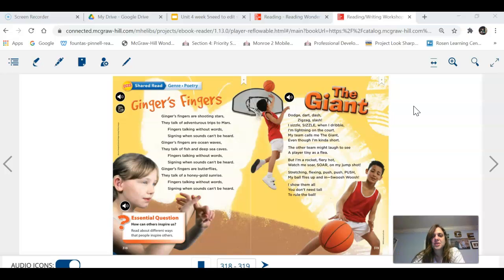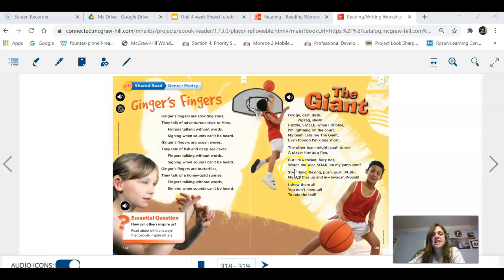As I was reading this story, it seemed as if the boy is telling a story about his dribble when he's playing basketball. So I'm thinking maybe it's a narrative, but it has other features of a free verse. It does sometimes rhyme, but there's no pattern for rhyming.